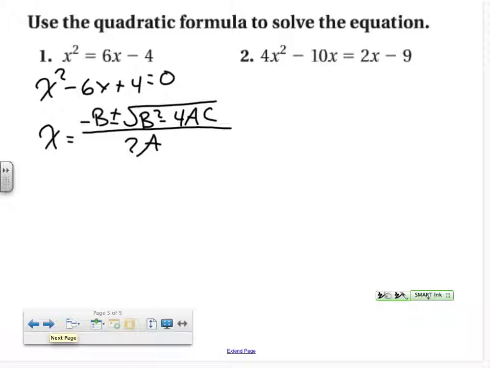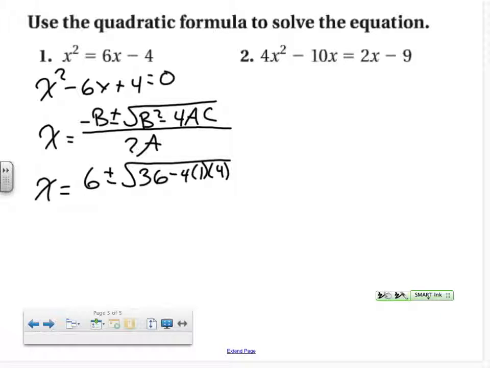Plug and chug, negative b is 6, plus or minus negative 6 squared. I'm going to do that all at once, just so I don't get confused with that negative. -6 times -6 is 36. There's 4 times a, which is 1, times 4, which is c, all over 2a.